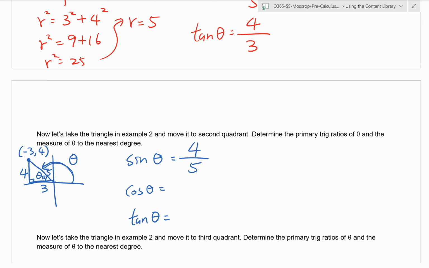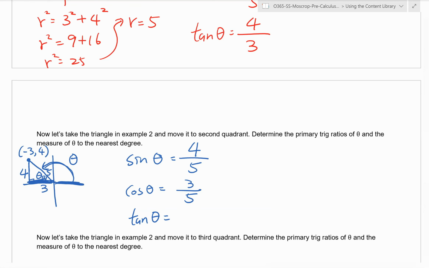Cosine theta, however, is not going to be simply 3 over 5, as you might have thought, okay? Cosine theta is still adjacent over hypotenuse, so it's going to be 3 over 5. However, because we're in the second quadrant, notice what's happening with the x values here. These x values in the first quadrant were positive, but the x values in the second quadrant are all negative.